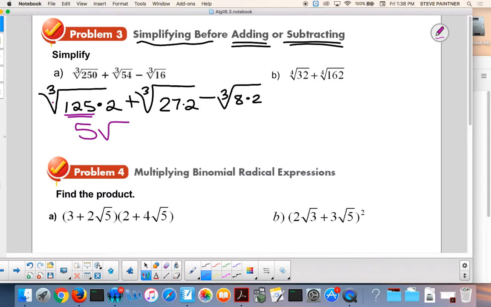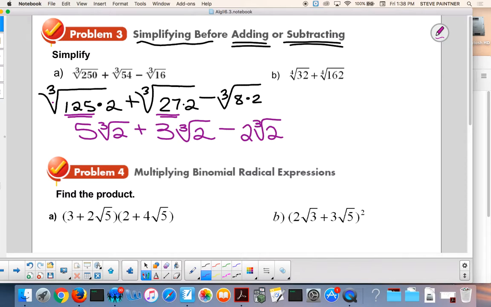Times the cube root of 2. Plus cube root of this. 3. Times the cube root of 2. Minus 2 times the cube root of 2. Whole bunch of cube roots and add, subtract, and the radicands are 2, 2, 2. You're good to go, guys.